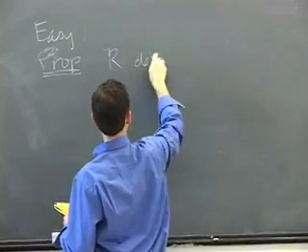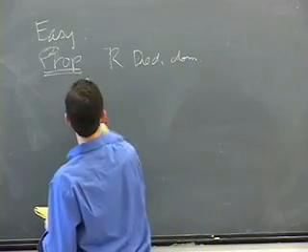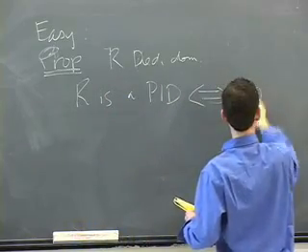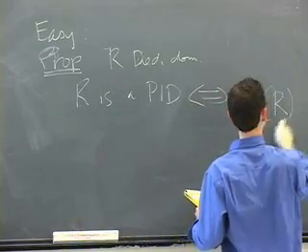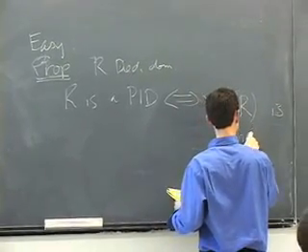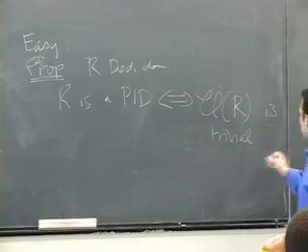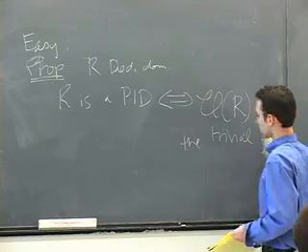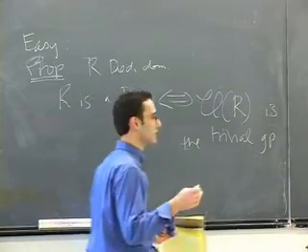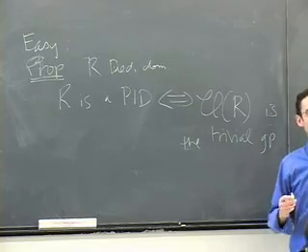If I have a Dedekind domain, then R is a PID if and only if the class group of R is the trivial group. Remember, this thing is a group. We just gave it a group structure. It's not empty because I have the class of the unit ideal, for instance. And what this says is that the only class is the class of the unit ideal.